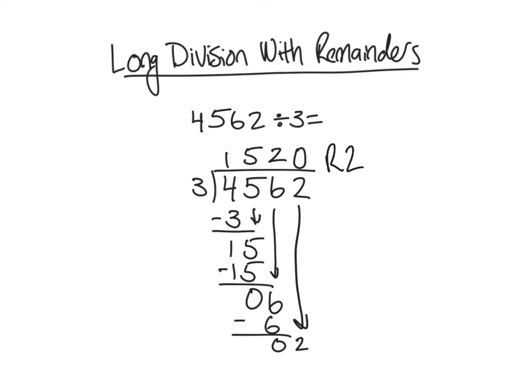So our answer is 1,520, remainder 2. Okay? And again, next week we're going to see how we change this into a decimal number instead of something with a remainder. But for right now, we're going to keep it as a remainder. So our answer is 1,520, remainder 2.